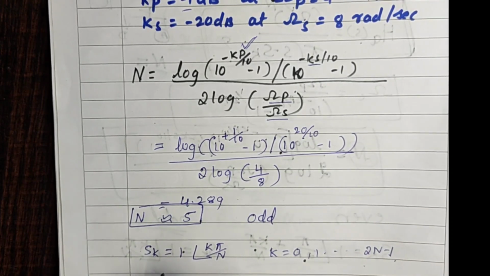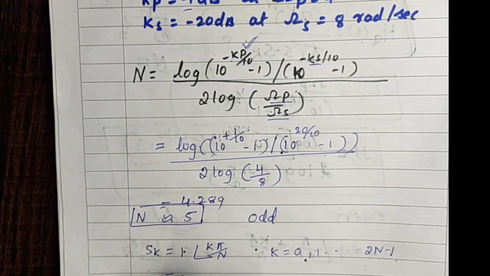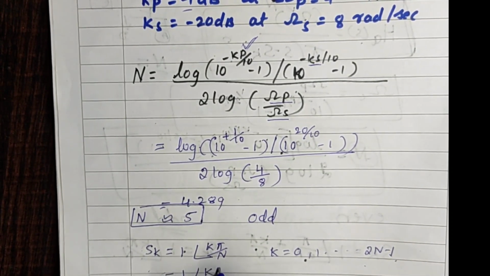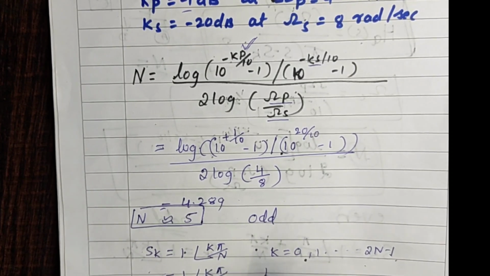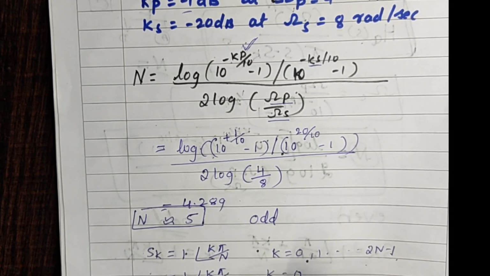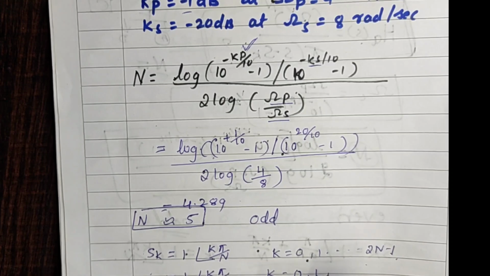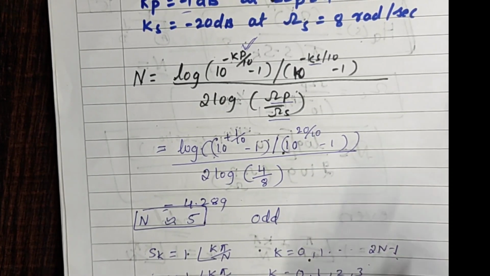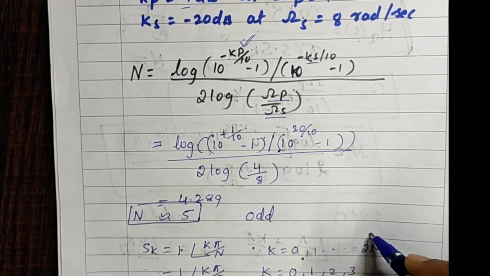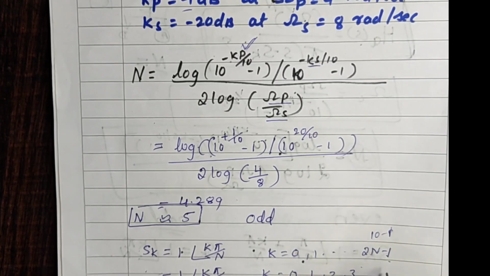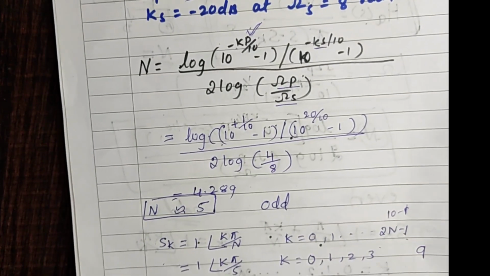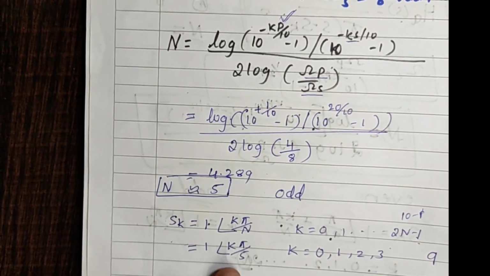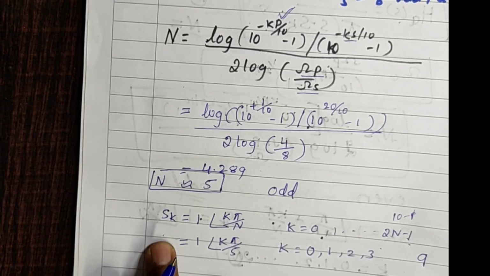So here, 1 at an angle k pi by 5. We have to start calculating at k equal to 0, 1, 2, 3, up to 2n minus 1, which means 2 into 5, 10, 10 minus 1 is 9. Till 9 we have to calculate the poles.